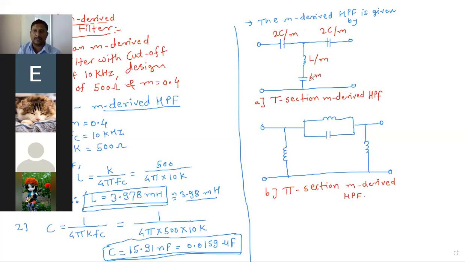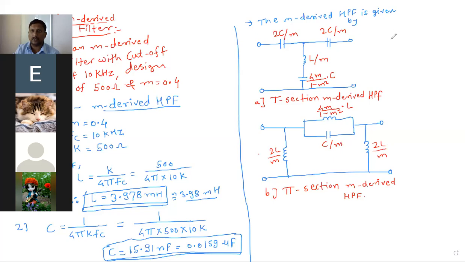So for high pass filter, 4M divided by 1 minus M square into C. Similarly for pi section, 4M divided by 1 minus M square into L. So for capacitor C by M, here it is 2L by M, and here also 2L by M. So you have to calculate all these values and then mention them in the diagram.